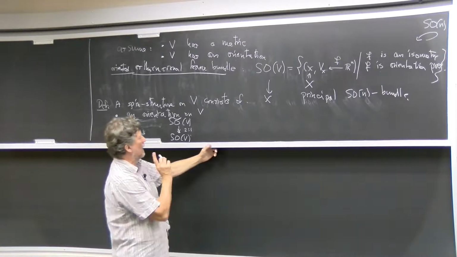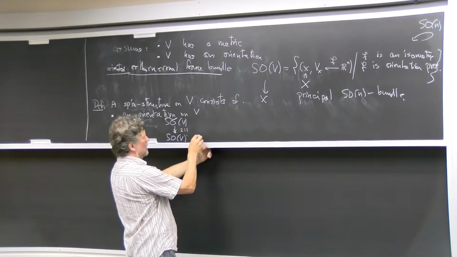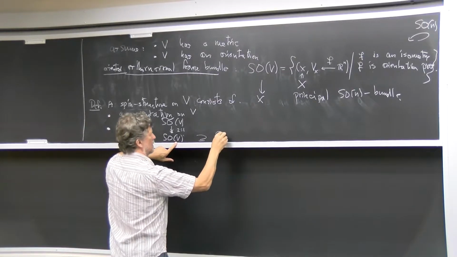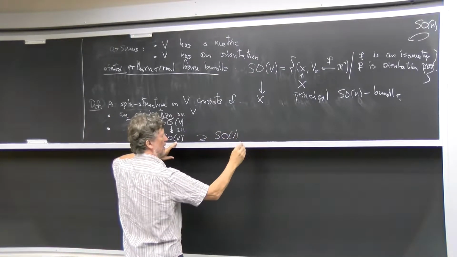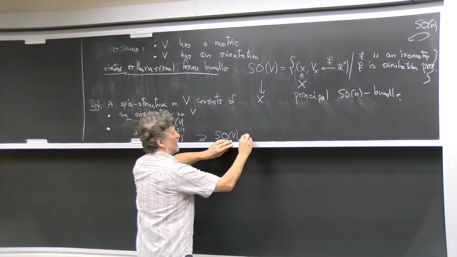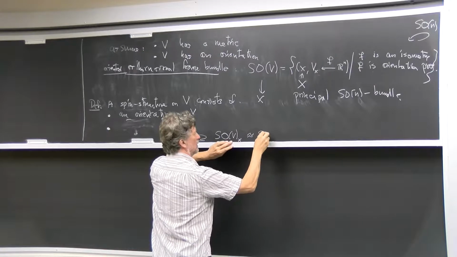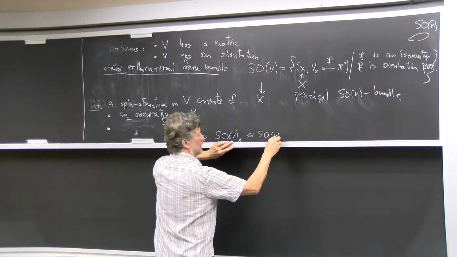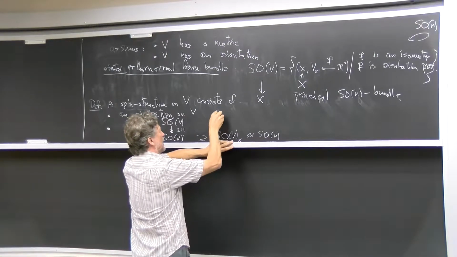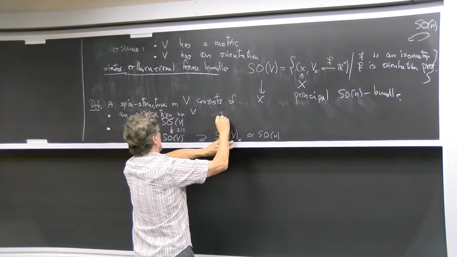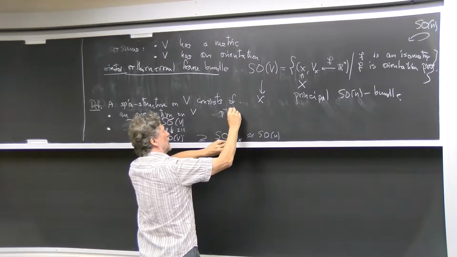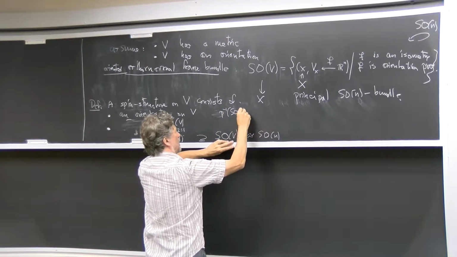Okay. And one condition, namely, suppose that I look at one particular fiber here. So I look at the frames over a particular point X. Well, that's homeomorphic to SO(n), the group of this principal bundle. And then I can restrict to this fiber. Let me call this P, this double covering map. I can look at the pre-image of this fiber. Now that's a double covering then, right?